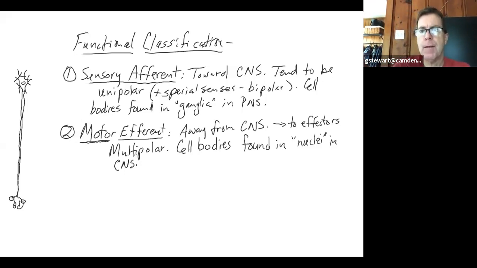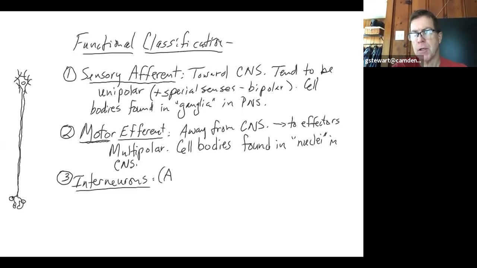All right, number 3, functional classification are called interneurons. These are also called association neurons. So if you see that term, same thing. And these act as a bridge between number 1 and number 2.